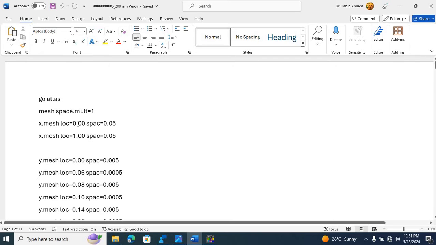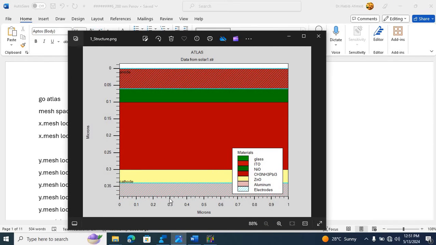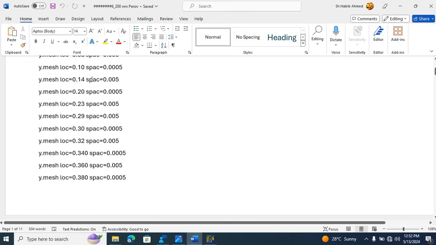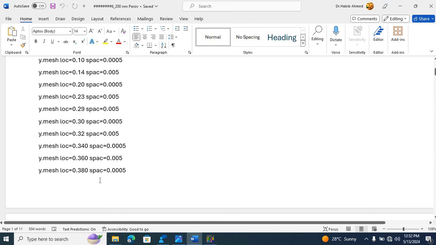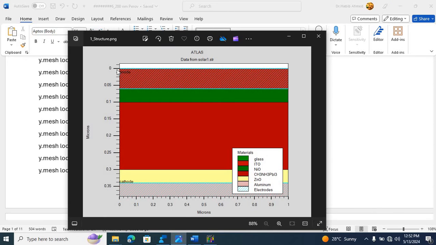My structure is running from 0 to 1 micrometers in the x direction. As you can see over here, running from 0 to 1 micrometer. Similarly, it's running from 0 to 0.38 micrometers in the y direction, or you can say it's running from 0 to 380 nanometers in the y direction, which is visible from here as well.